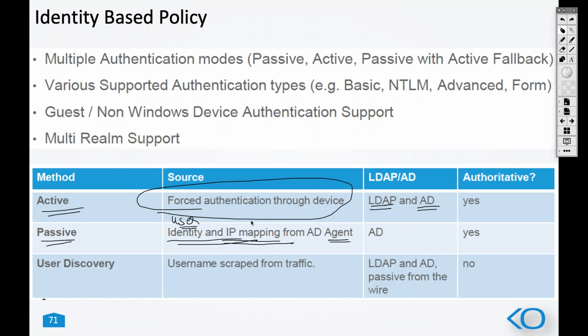The user is not aware that he is getting authenticated or his identity is getting checked. It is done passively with the help of an agent in order to get that IP to user mapping. In Firepower, we only support AD to do that. So the only database from which you can get that IP to user mapping is the AD server.